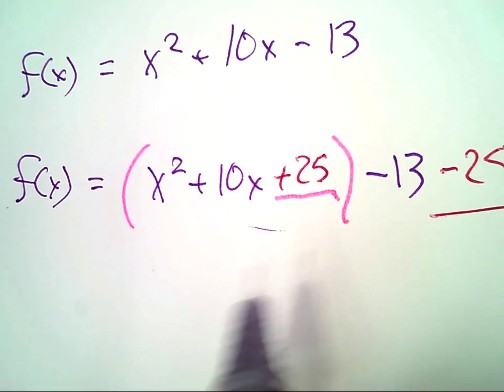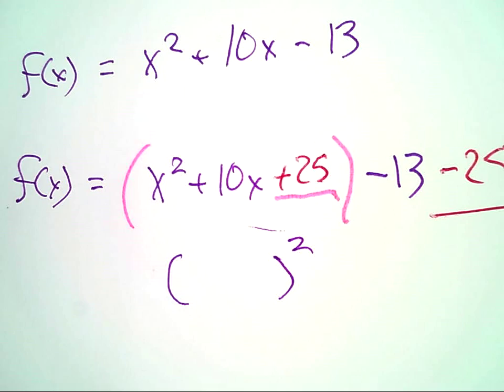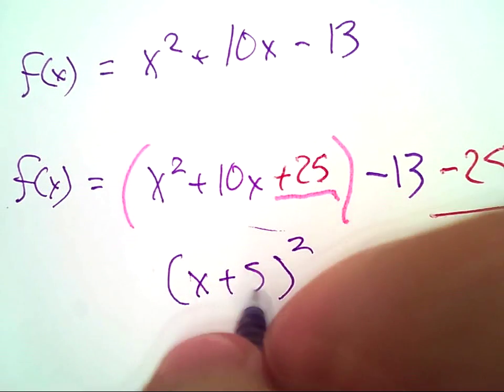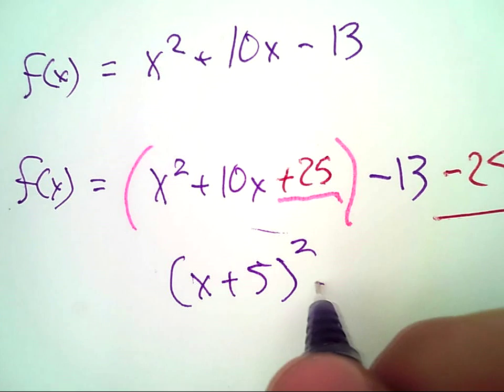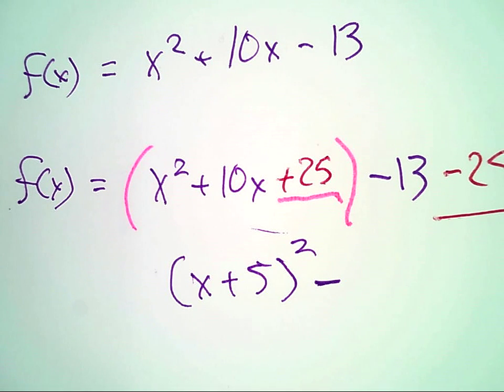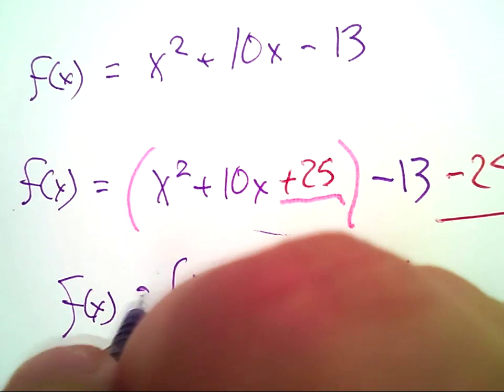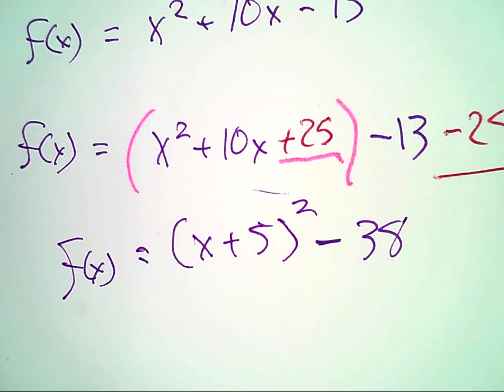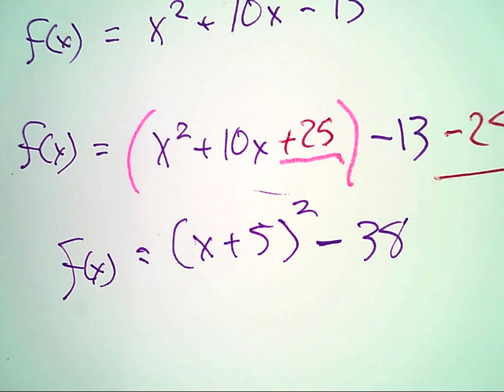What does this turn into? It's a perfect square trinomial. What is it? X plus 5 squared. And then we have minus what? Minus 38. Guess what? Is it in vertex form? You should know. It is in vertex form, isn't it?